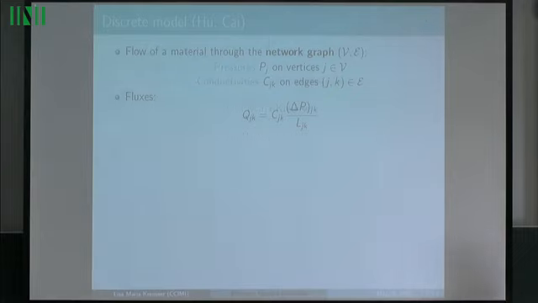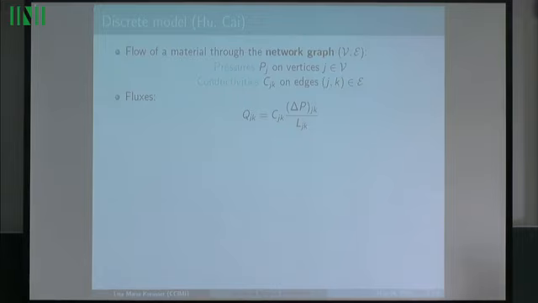In order to describe those biological networks, we're mainly interested in two quantities, namely the pressure and the conductivities, to describe our network, which is set on a graph structure.